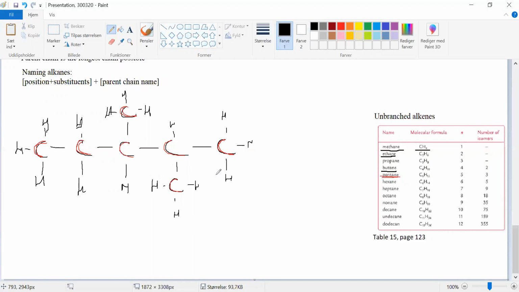Oh, by the way, I forgot to tell you, if you look in your book on page 126, there are the rules for naming alkanes.